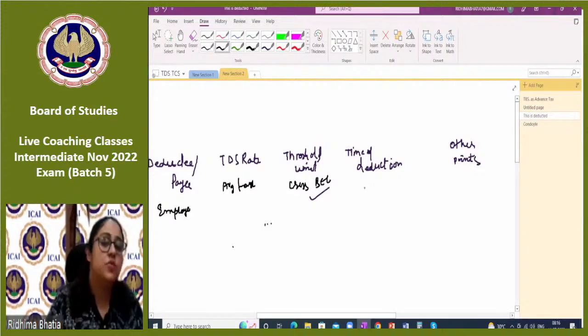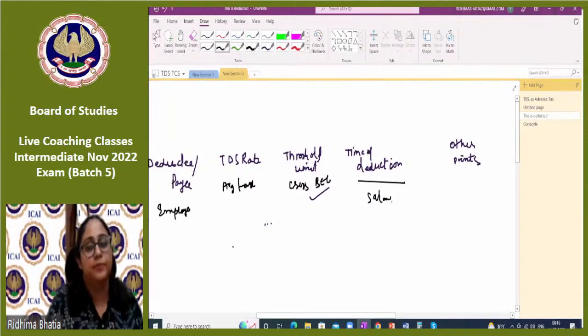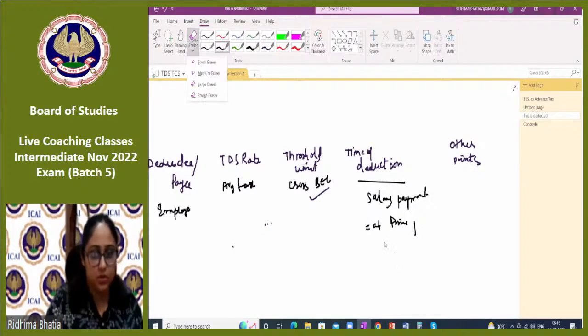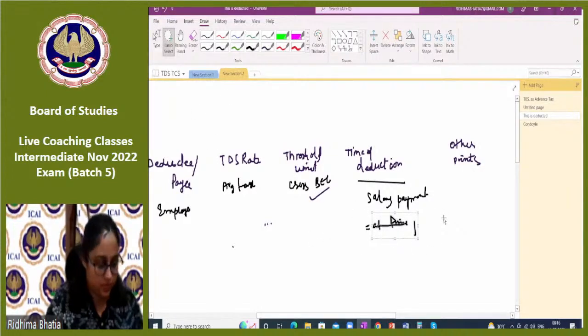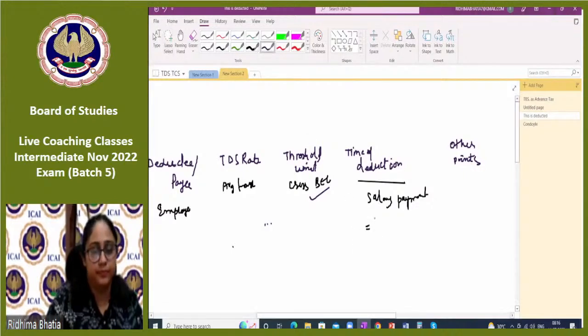Here the TDS is only to be deducted when you are making the salary payment. At time of payment.